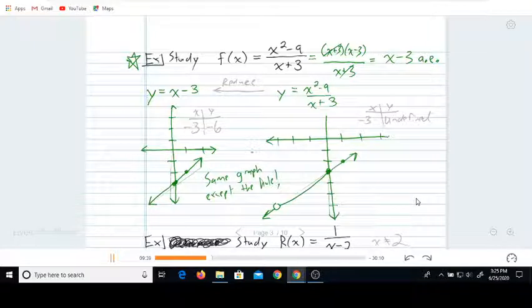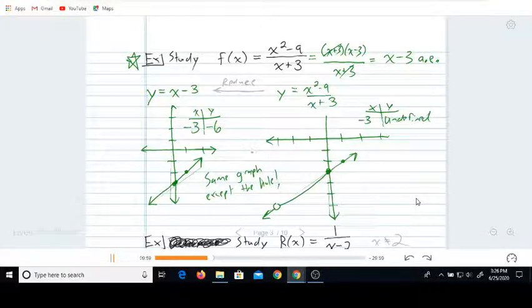That's because if I look at this function, and I input, say, negative 3, well, if I plug it in, negative 3 minus 3 is negative 6. But if I plug it into this function, you get something that is undefined.